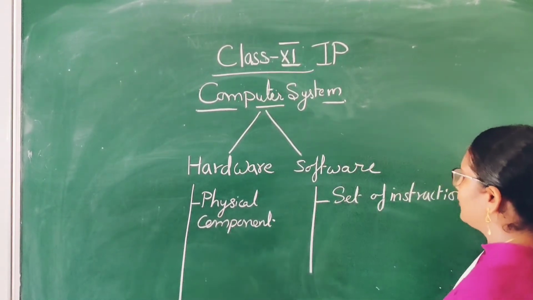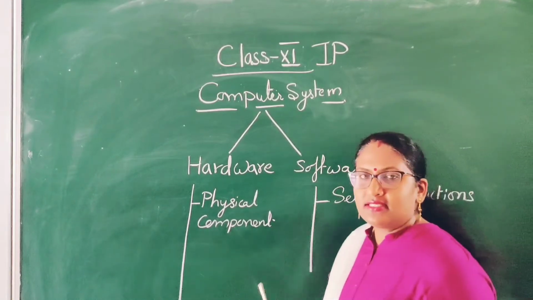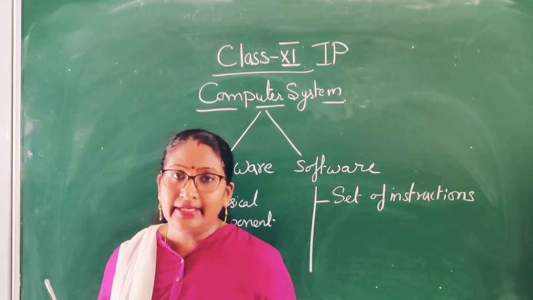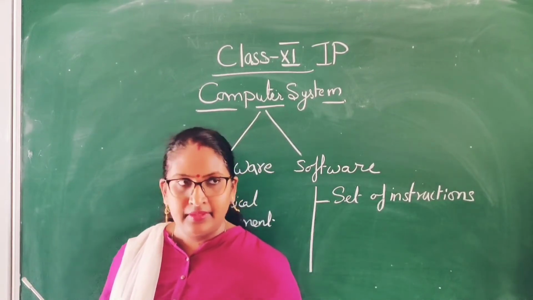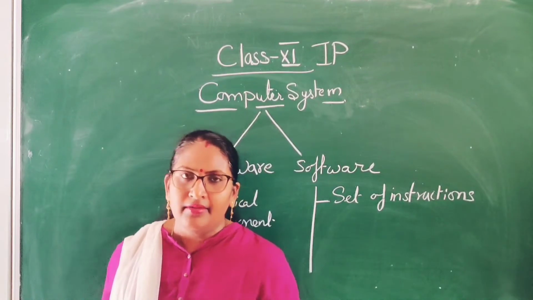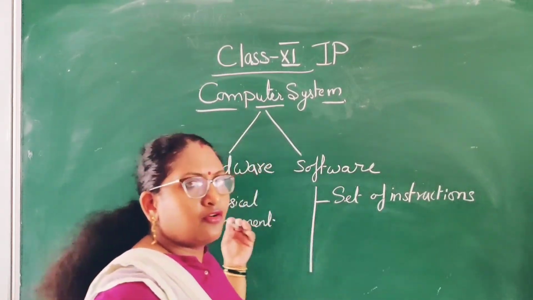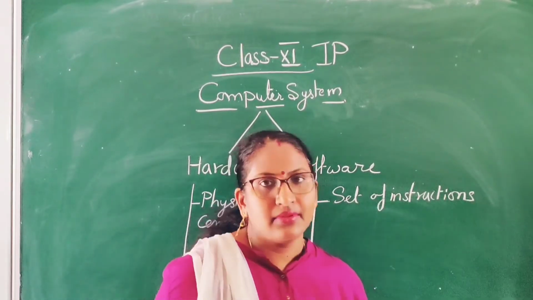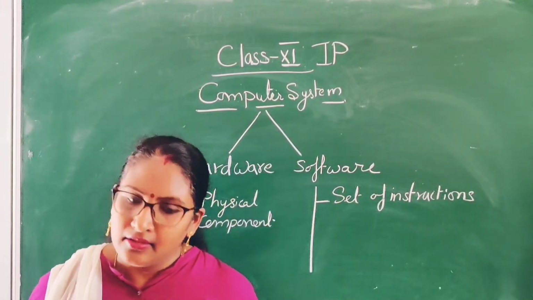Now another one is software. Software is a set of instructions which we give to the computer. When you give raw data to the computer, it will follow those instructions and give us the desired output.